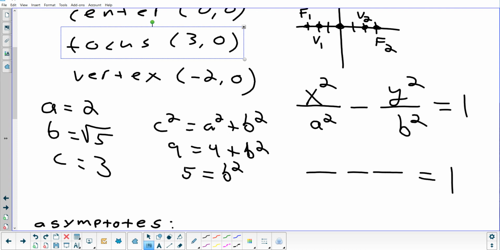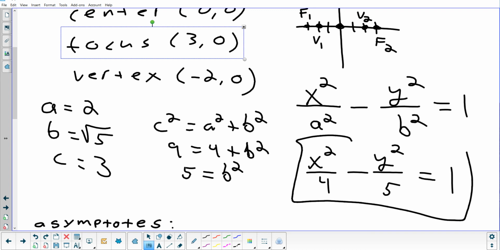All right, somebody tell me what's my equation? x squared over 4 minus y squared over 5 equals 1. Perfect. There's your equation. Now, to sketch it, we need the asymptotes. What is the slope of my asymptotes? Like, what are the letters? b and a. And which one's on top?